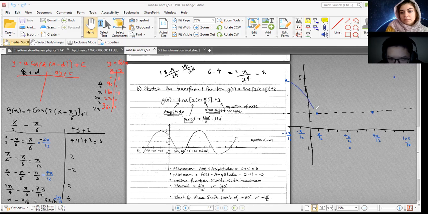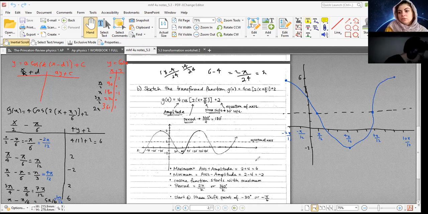Right? And I'm going to connect it. Make sure you connect it with a curved line and put this curve nicely. I try my best here. That's that. If you want to continue, it's easy. 1, 2, 3, you go to maximum. So 3 more, you get to the symmetric line. I don't have space here to show you, but maybe at the other side I can continue. See here, from the symmetric line it is 1, 2, 3 to the maximum.